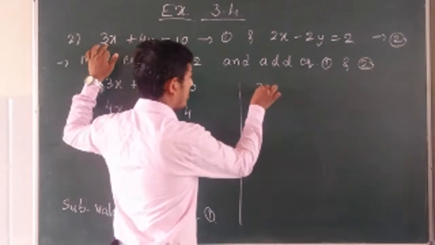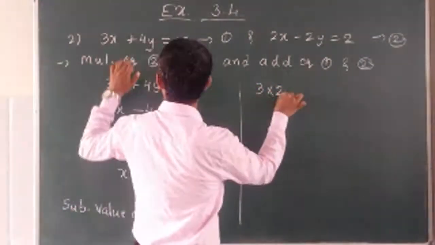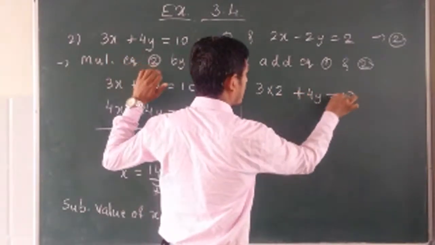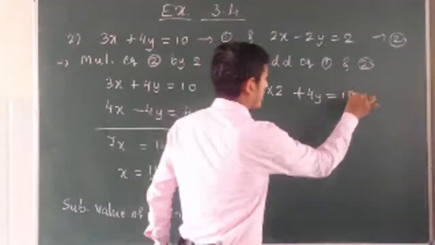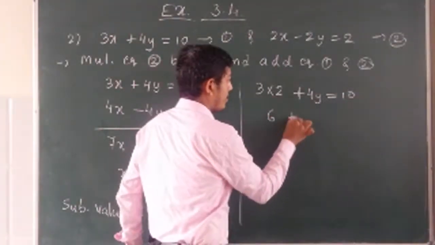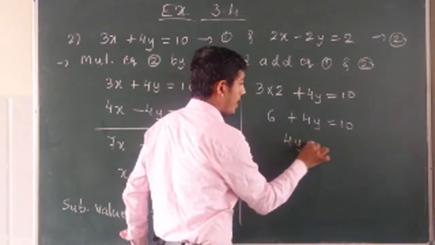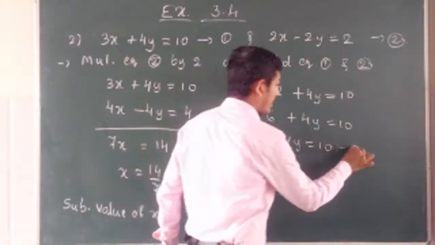So 3 into the value of x, which is 2, plus 4y equals 10. Then 3 twos are 6 plus 4y equals 10. Then 4y equals 10 minus 6, since when it goes to the other side it becomes minus 6.